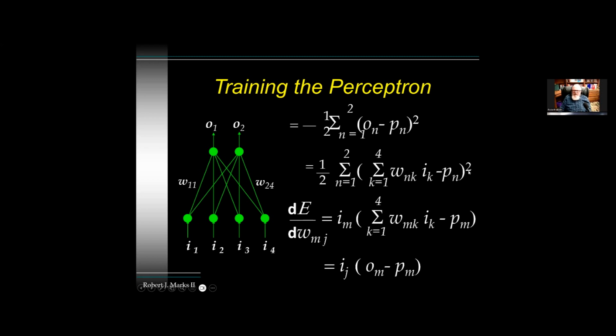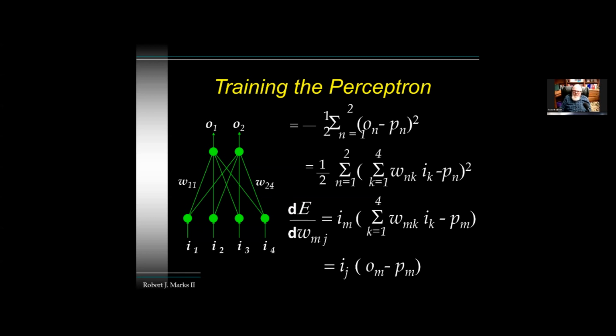We use the 1/2 here because this 2 comes down and it eats up the 1/2, and we don't have to worry about that anymore. So this is the derivative with respect to the weights. What this does is tell us how we can adjust each of the weights to make the overall error go downhill, because the derivative of the error with respect to the weights tells us downhill. And so we have downhill for the first weight, the second weight, all the different weights. We have the way to go downhill to reduce the error.